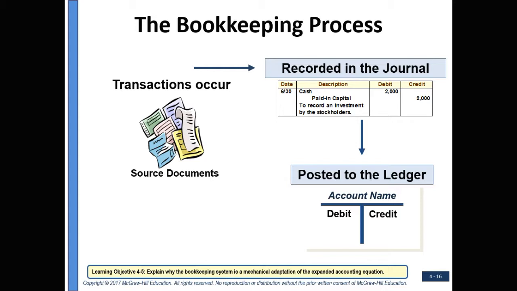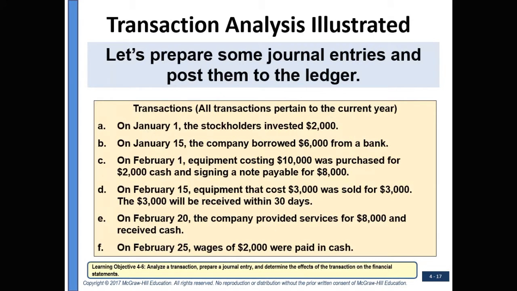We're going to look at some entries here and prepare the journal entries and post them to the ledger. These are the same A through F that we previously recorded in the horizontal model.